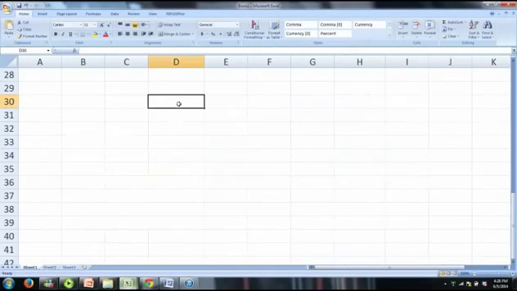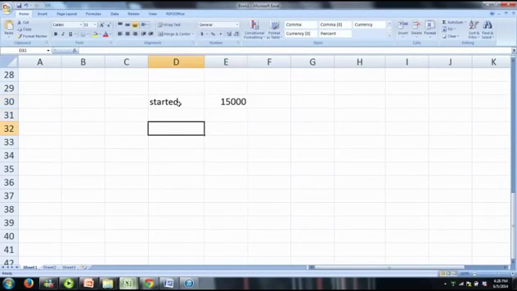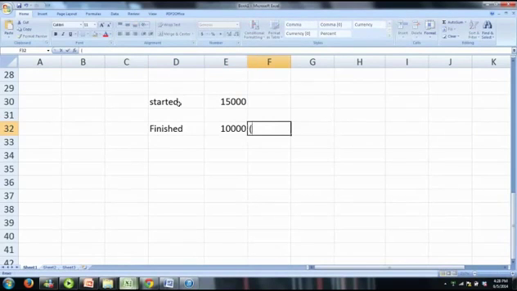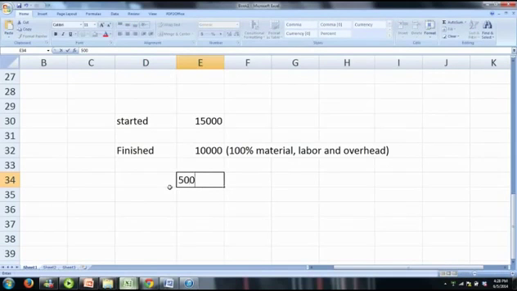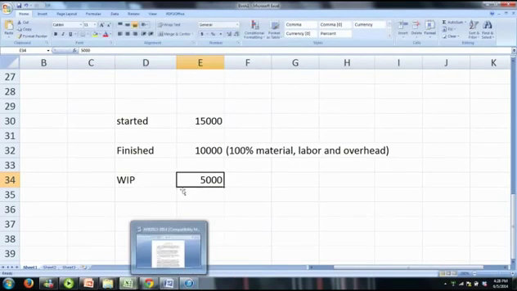We have started 15,000, finished 10,000. And when we say finished 10,000, we are assuming this is 100% as to material, labor, and overhead. Now we still have how many units left? We still have 5,000 units work in process, which is not completed.